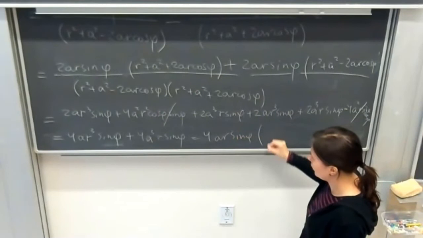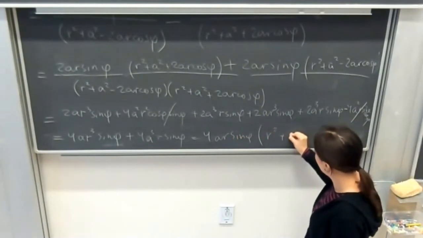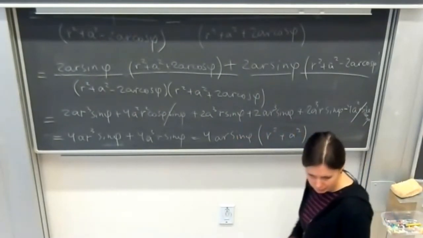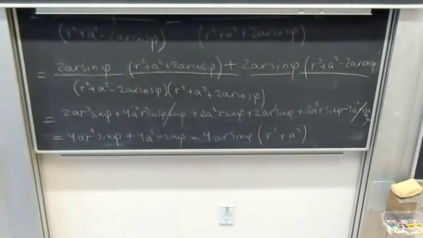And what is left is r squared plus a squared. Let me check if it's correct. No, it's actually correct.